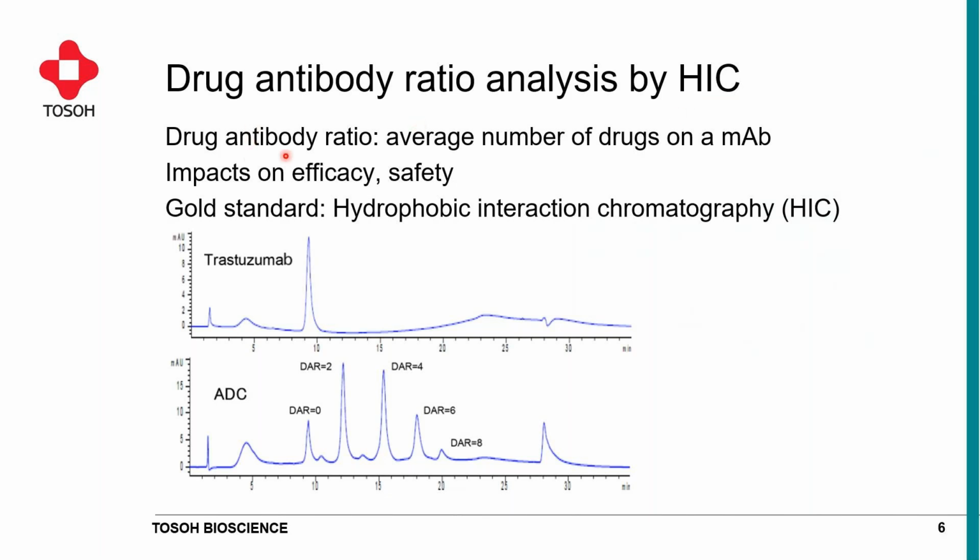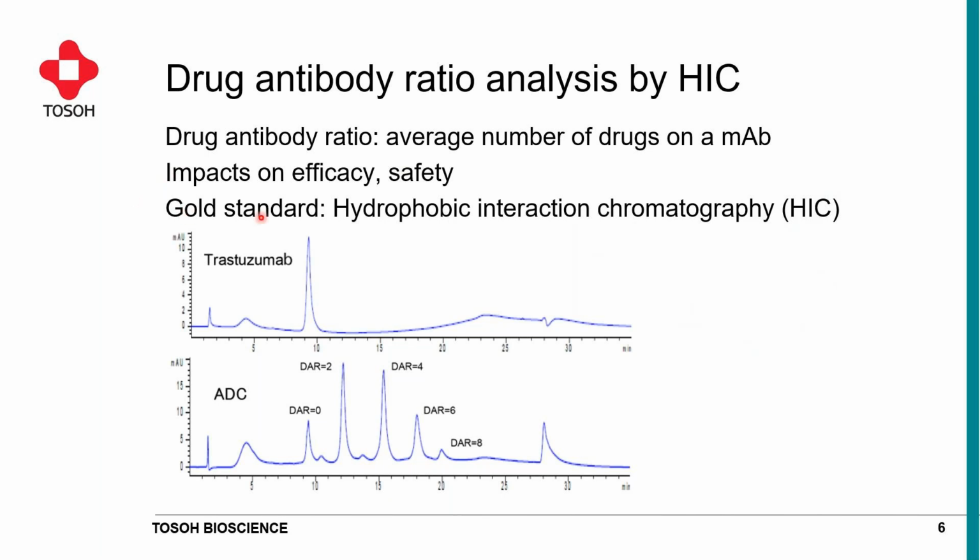The drug-antibody ratio, I think it's self-explaining, is the number of drugs on average that we find on our monoclonal antibody in an antibody-drug conjugate sample. As it impacts, I said it before, the efficacy, but also the safety of the whole drug sample, it's an important characteristic that needs to be determined in a sample.